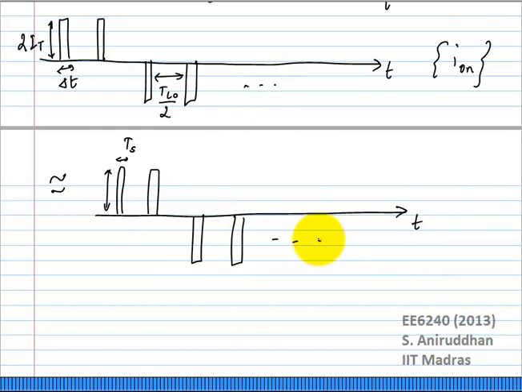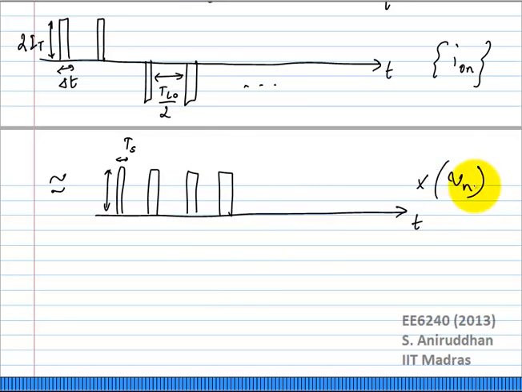Oh, sorry. In fact, what I'm going to do is, instead of just putting it as positive and negative pulses, I'm just going to replace it with a pulse train, multiplied by Vn, such that I get the same output noise.